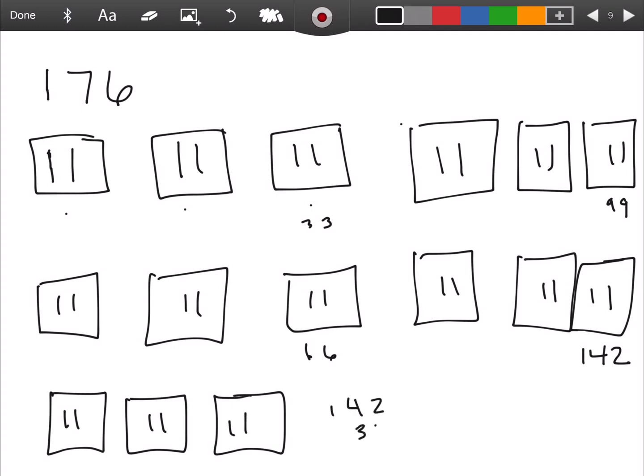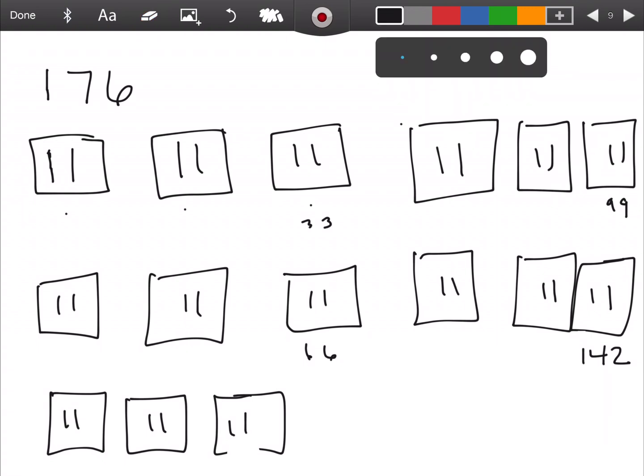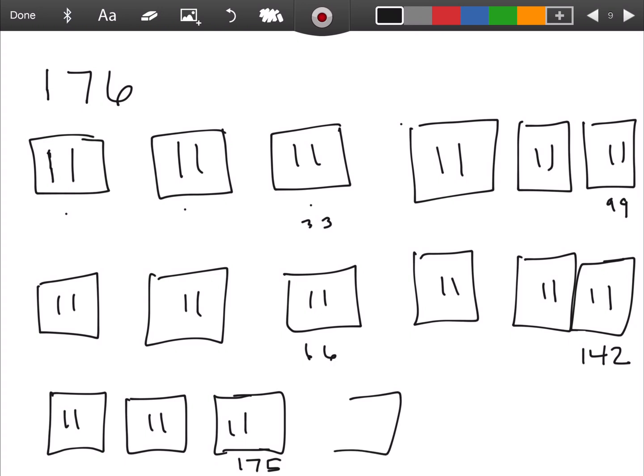142 plus 33. Let's see. That's 175. Okay, I'm really close here. I have 175 now. So I don't want any more shelves because now I just have 1 book left over.